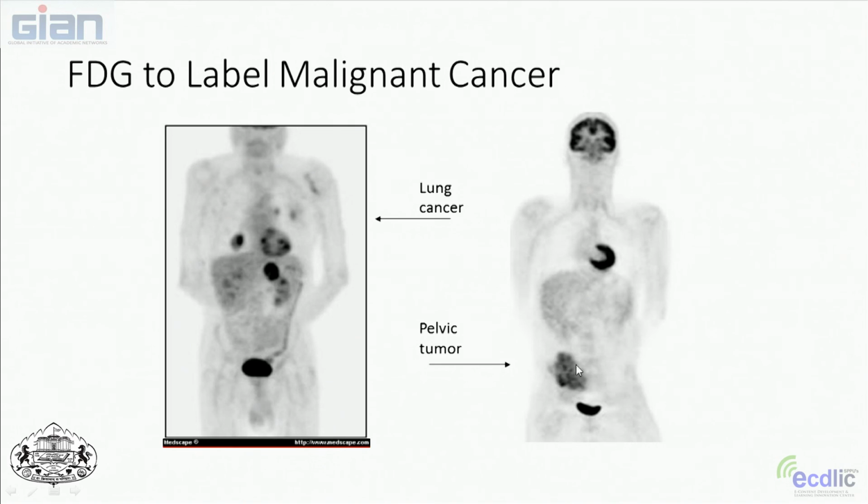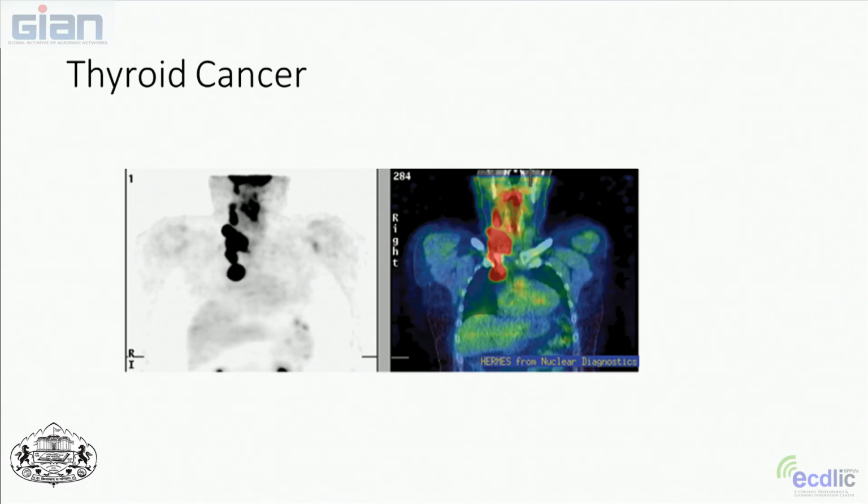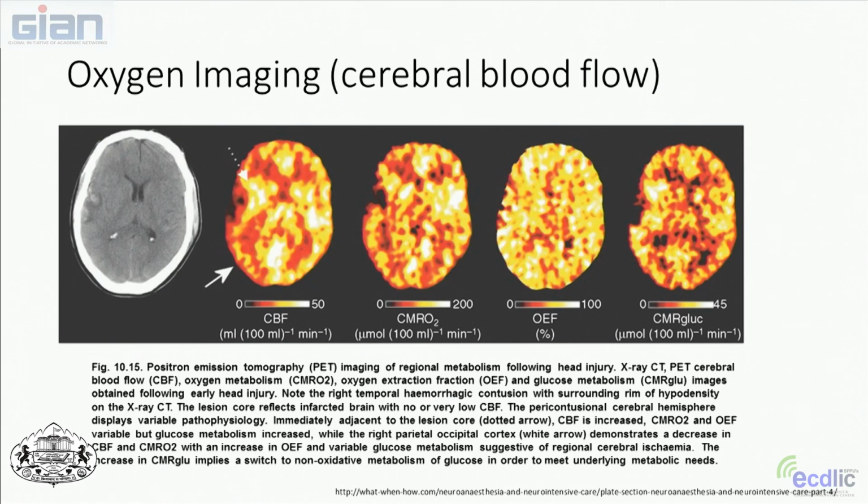But this area here again shows an unusual amount of glucose metabolism, indicating that there's active cancer activity going on there. Here's an example of thyroid cancer. You can also take these images and make them into color based on what intensity levels you're seeing and get a prettier picture from those.